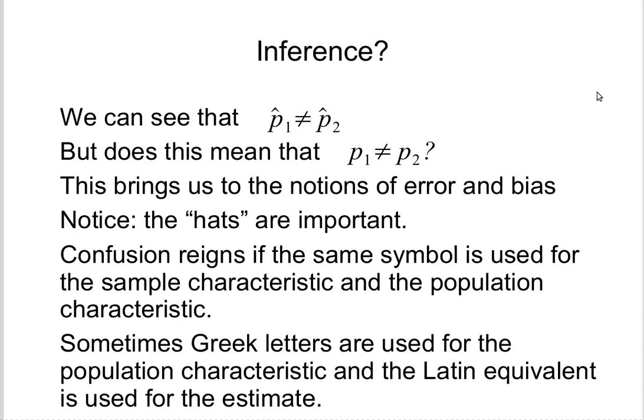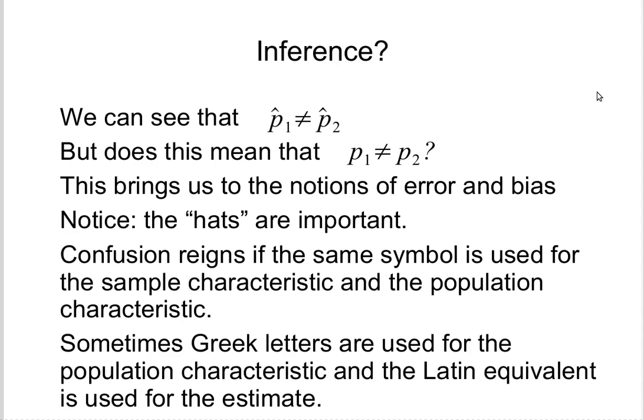We have the estimate in this case having a hat. We will see, though, in lots of illustrations as we move forward, that the estimates are using the Latin equivalent of the Greek letters that are used for the population characteristics.